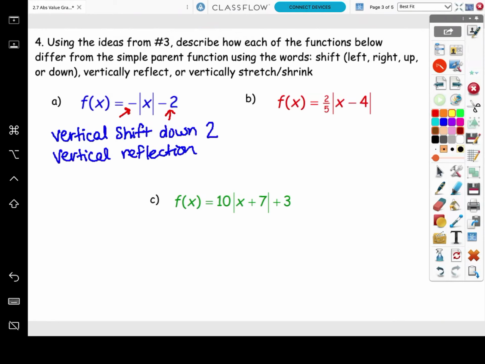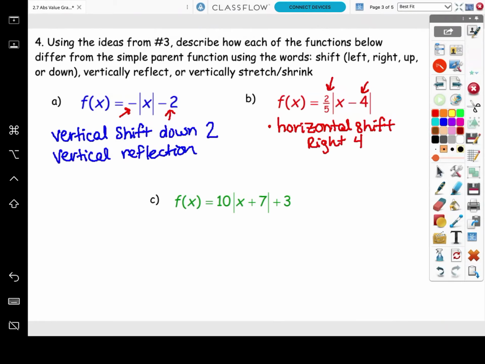Okay, our next one, we have two things going on again. We have this 2/5 and we have a minus 4. So any order, tell me what happens. We're going to shift. It's a horizontal shift because it's inside, right? Horizontal shift. Left or right? Yeah, right 4.